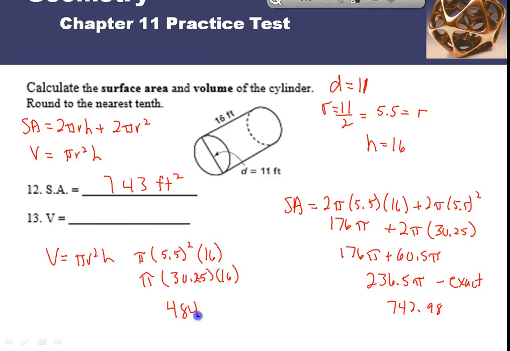So my exact answer is 484 pi. And again, we want to the nearest 10, so I'm going to multiply that by the pi button. And I get 1520.5. So 1520.5 feet cubed for my volume. Alright, so that was 12 and 13.